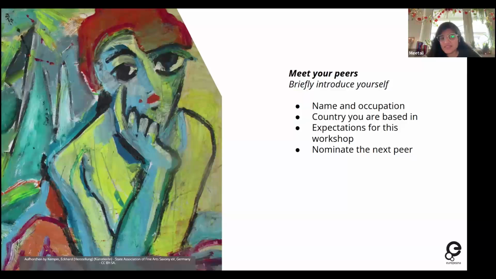And I really believe that Europeana is doing the real work of connecting different sectors together when it comes to data space also. So that is also my expectation from this workshop, that we can brainstorm a little bit more in terms of recommendations and see how we can bring education together with cultural heritage and data space.